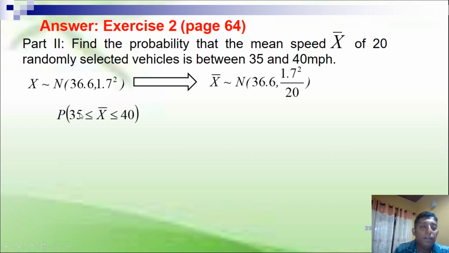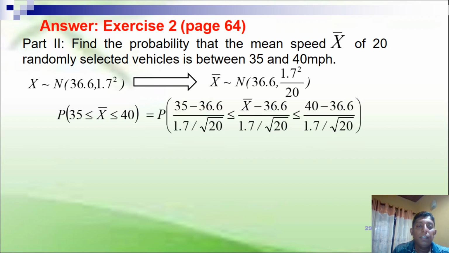Then we need to calculate the probability that the mean value lies between 35 and 40. Again, convert the X bar values into standard normal using this process.